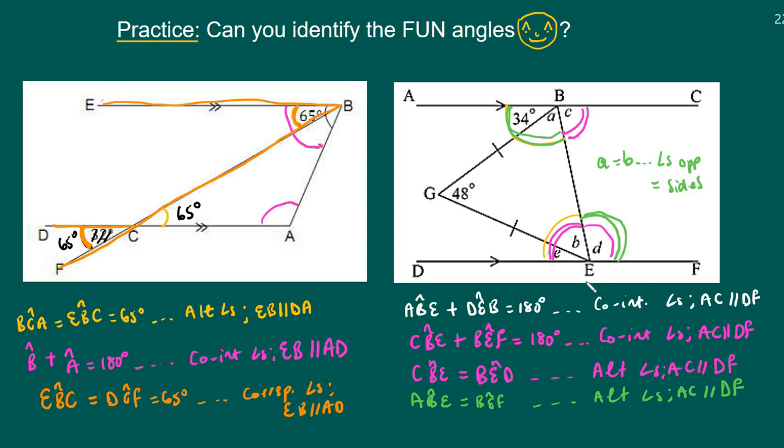And actually, you would use this to answer the questions, right? For example, look at 34 degrees. 34 degrees and A would be equal to this one here, which is D. But you also said C was equal to this BED.